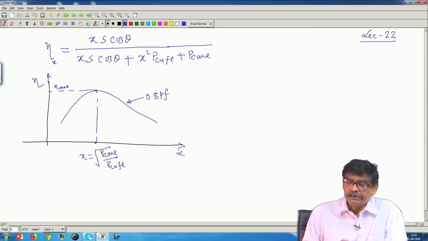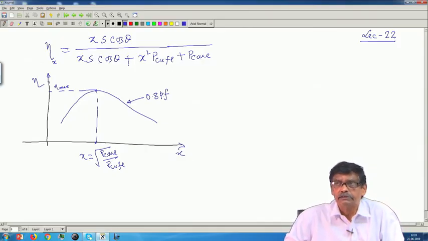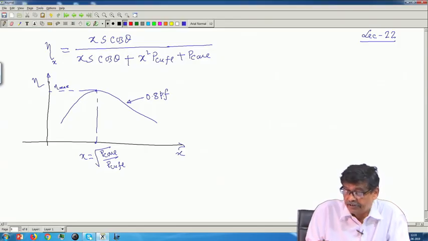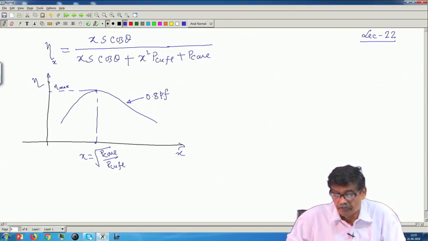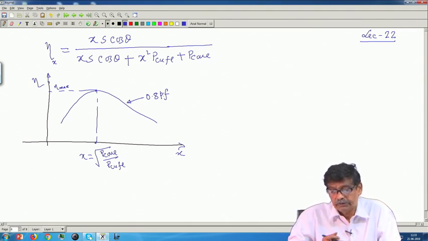Now, the question is, power factor of the load may also change. Suppose I repeated the same exercise, I want to get the efficiency versus x curve for say 0.6 power factor or unity power factor or 0.2 power factor.